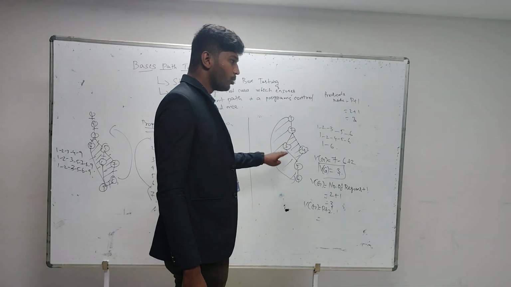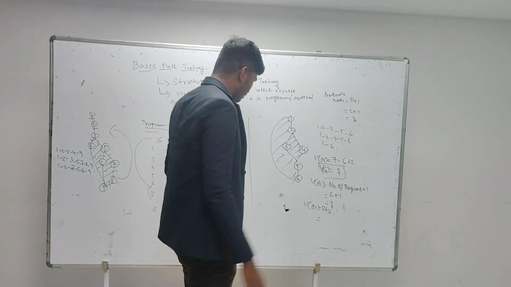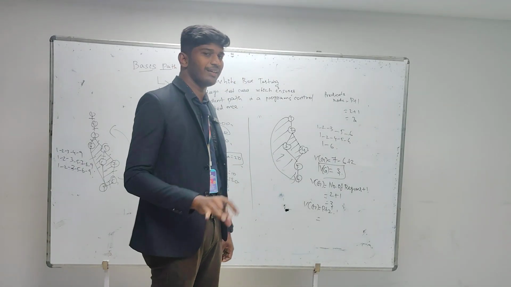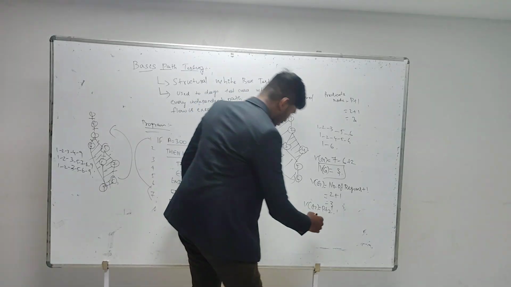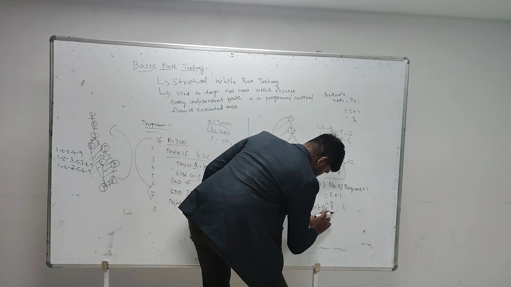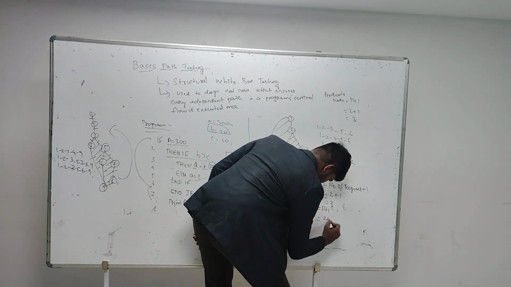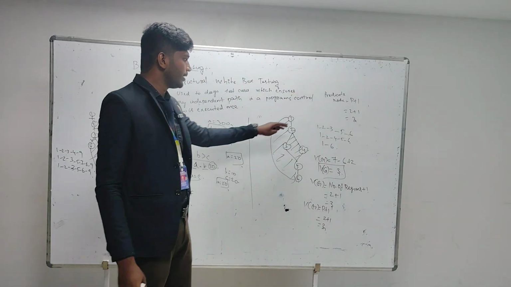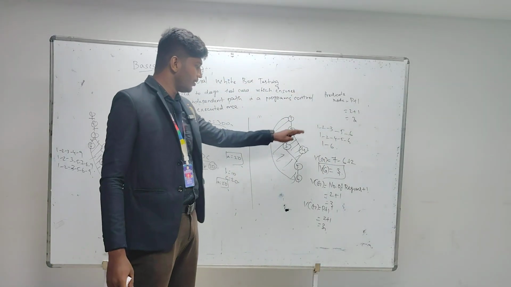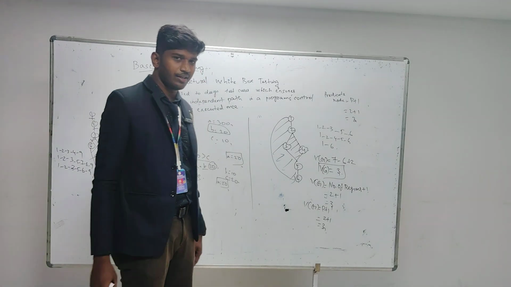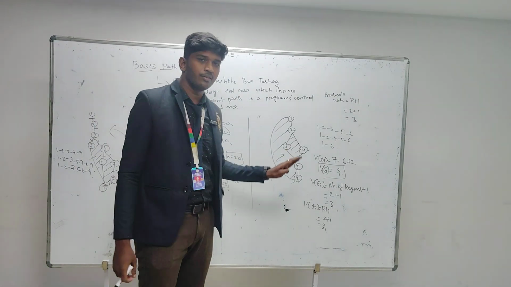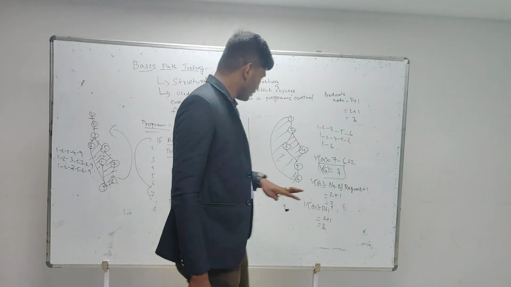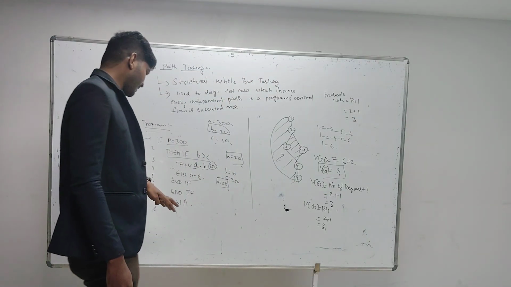The other nodes have only one connection. If a particular node has two connections, then you have to consider it a predicate node. So 2 plus 2 is... so everything is 3. If the value is 3, then the control flow graph that you have constructed is true. Then you have to find out how many test cases there are.